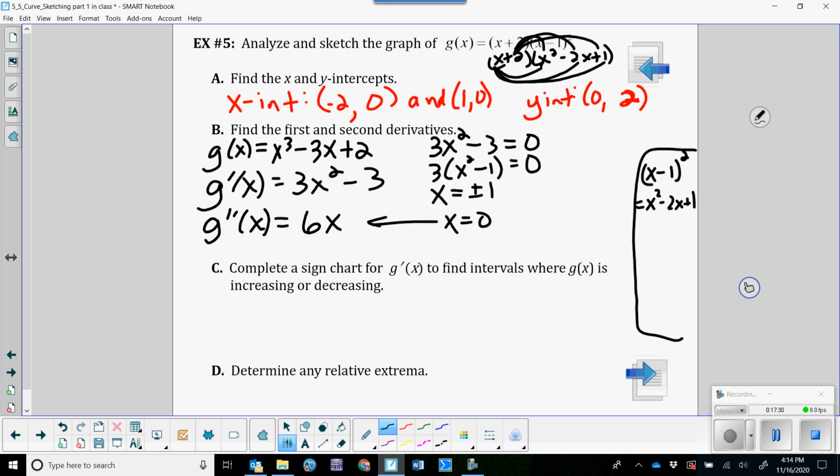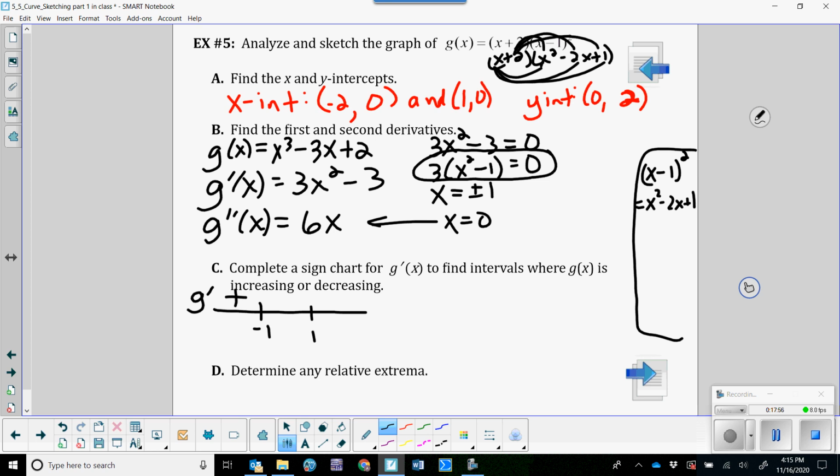So to make a sign chart, we're going to have negative 1 and 1, and we have g prime, because this is for increasing, decreasing. So if I go less than negative 1, look right here to plug that in. If I take less than negative 1, like negative 2, I'm going to get 4 minus 1 times a 3, so that's positive.